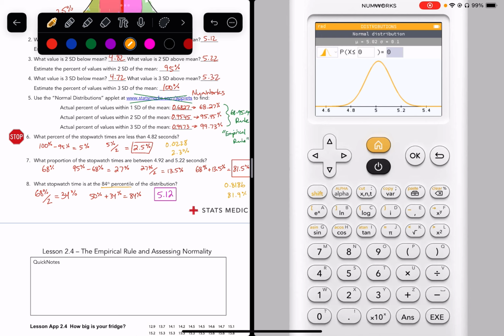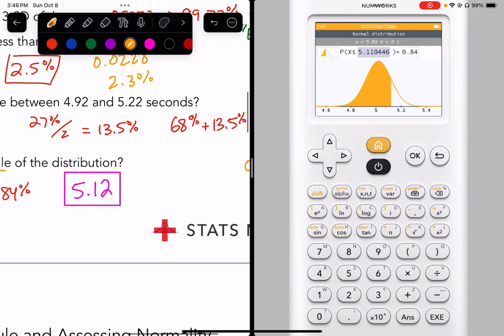So remember, the right-hand side gives me the percentage, so I can also tell the calculator a percentage. So I'm going to tell it 0.84, because that would be 84%. And it will tell me it needs to be at 5.119 or 5.12, which is what we see here, right? 5.119, which rounds up to 5.12.